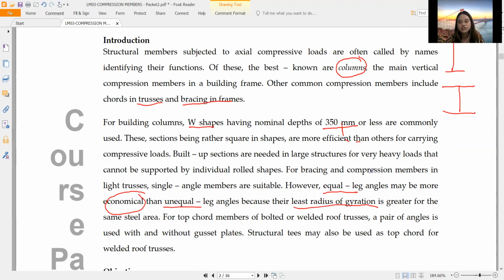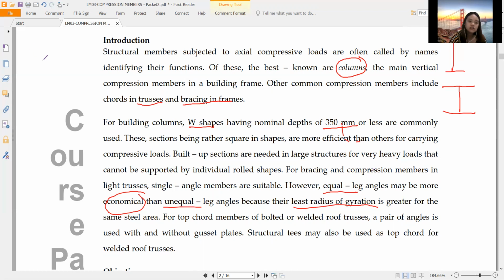Una yon, least radius of gyration, and the next one is the lightest among our candidates for the selection of your members. Okay, so the top chord of the trusses can either be bolted or welded. Lagi ko naman sinasabi, connections are either bolted or welded. We already discussed that. And your pair of angles can be welded together or can use gusset plates para ma-weld natin siya together.